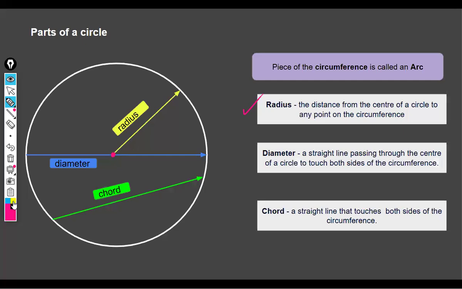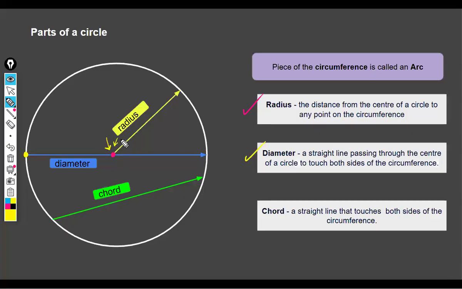That's the radius there. The diameter is a little bit different. The diameter goes from one side of the circumference through the center back to the other side, but it has to go through the center. As you probably remember from primary school, the radius starts at the center.